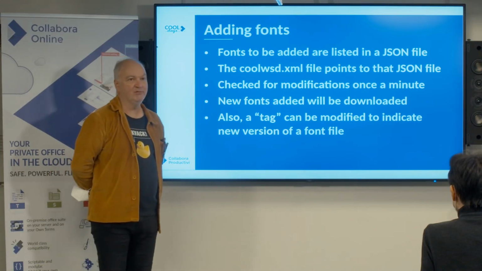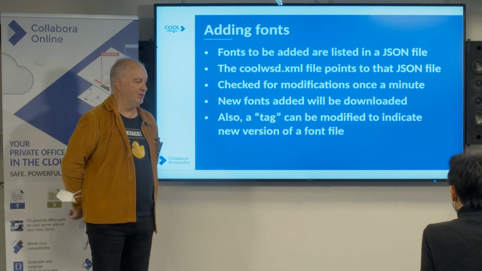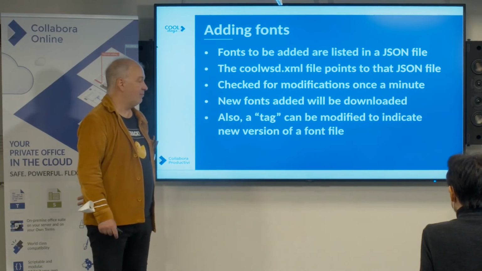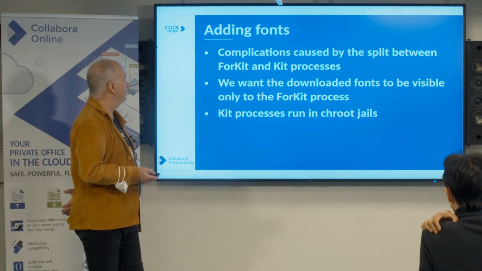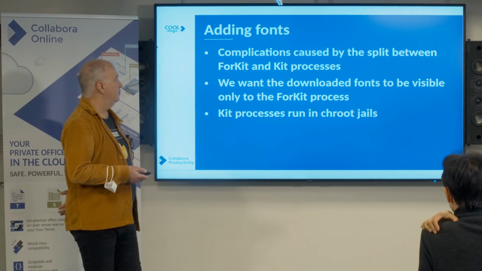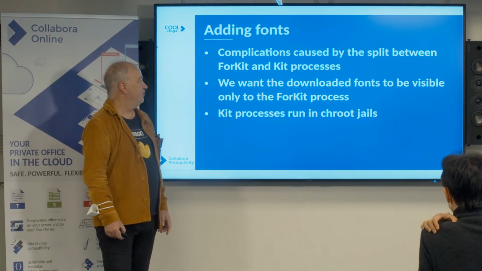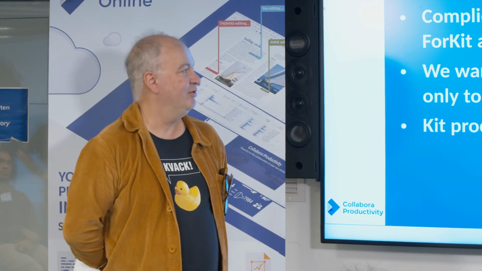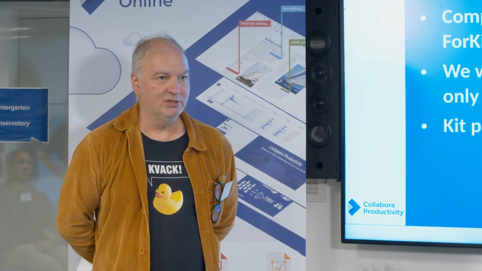And also, if the admin knows that one of these font files is being worked on and there are new versions now, then he can use a tag for it that can be like a timestamp or whatever he wants to use. One thing that we want to do for security reasons is have these downloaded fonts be visible only to the forkit process, not to the individual kit processes. Each kit process handles each document that is being edited.